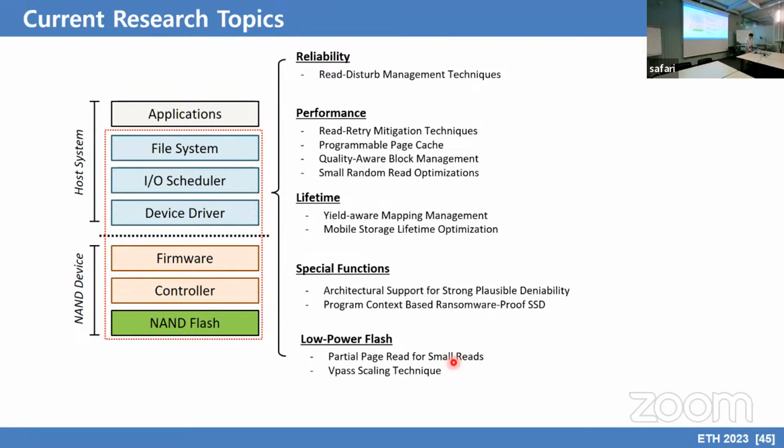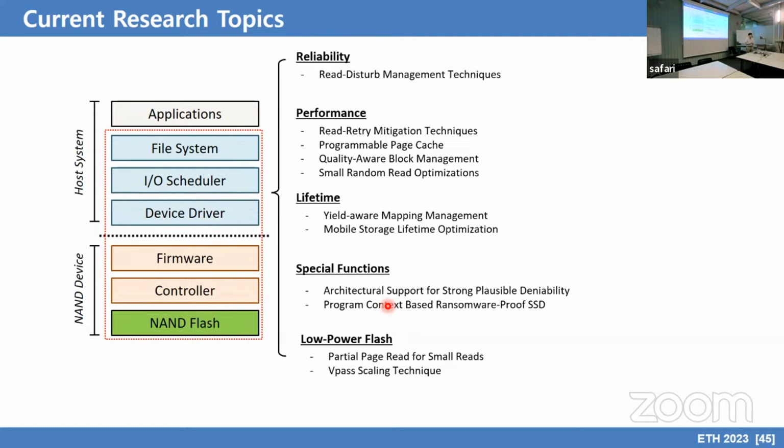Also, the last topic is low power flash. This is a new topic and we haven't explored it much, but I think it's getting important because the host interface is getting faster and faster, and channel bandwidth is getting faster, and this will affect power consumption.